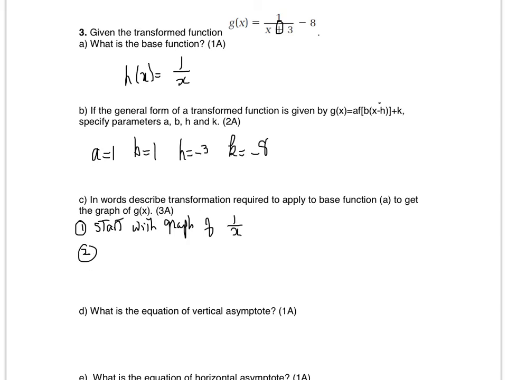The second one, since h is negative 3, so we say move or translate left along x-axis by 3 units.